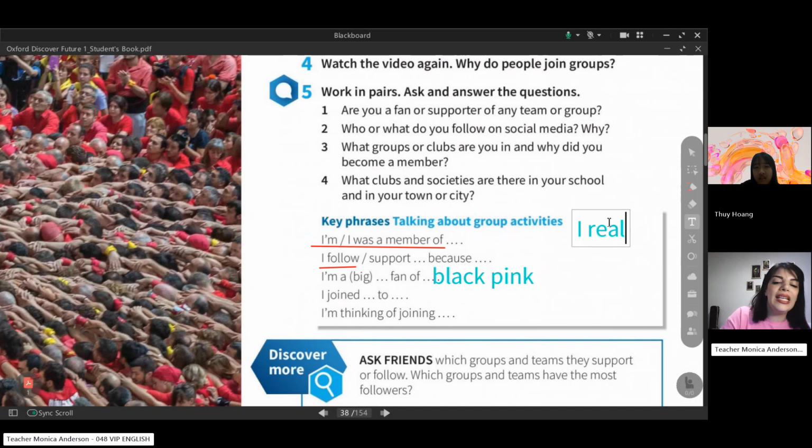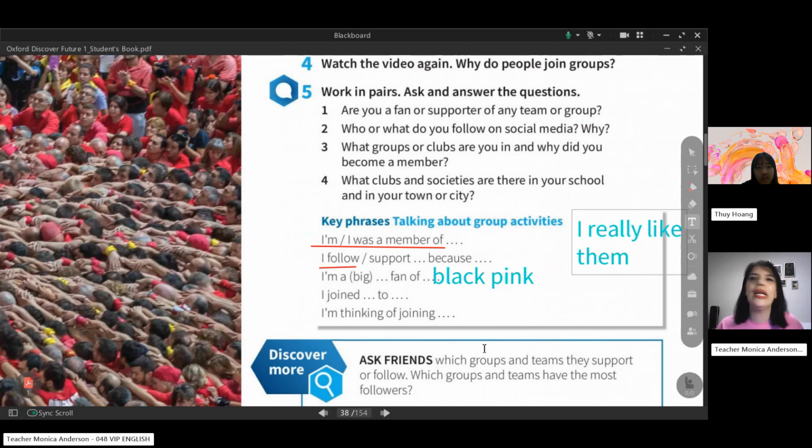So we say, I'm a big fan of, for example, pizza, fast food. It means I really like it. I joined English club, or I'm thinking of joining English club. So you can use these phrases to talk about group activities, okay?